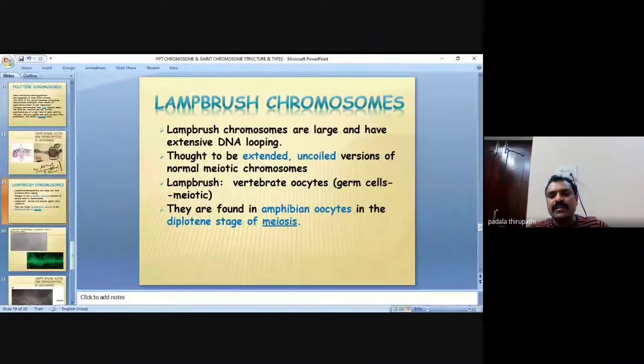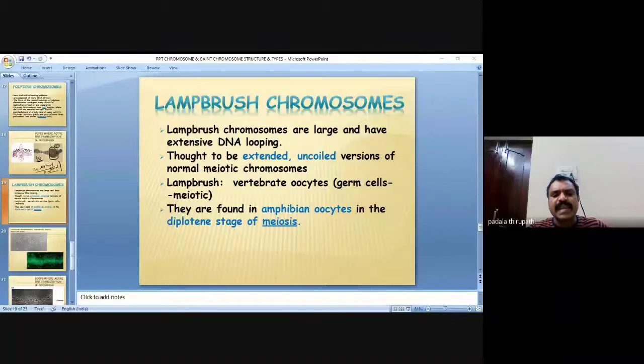In which year were these lampbrush chromosomes identified? 1882. They were observed in amphibians like salamanders, in amphibian oocytes.